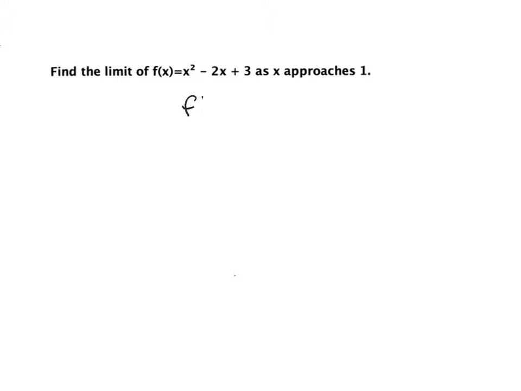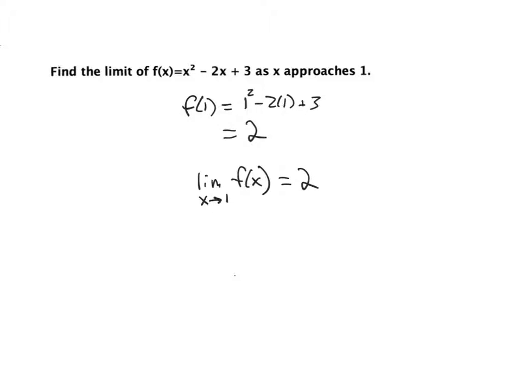So f of 1 is equal to 1 squared minus 2 times 1 plus 3. Let's see, that's 1 minus 2, that's negative 1, plus 3, that's 2. So we can say then that the limit as x approaches 1 of f of x is 2.